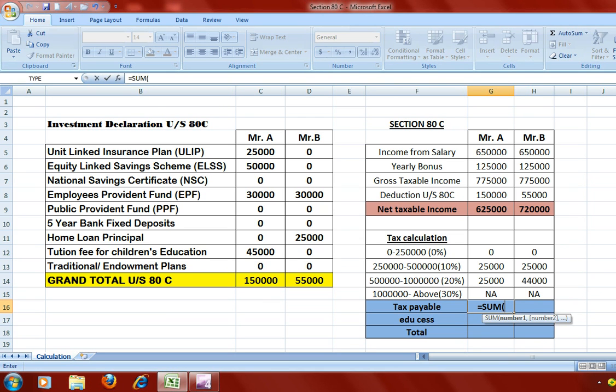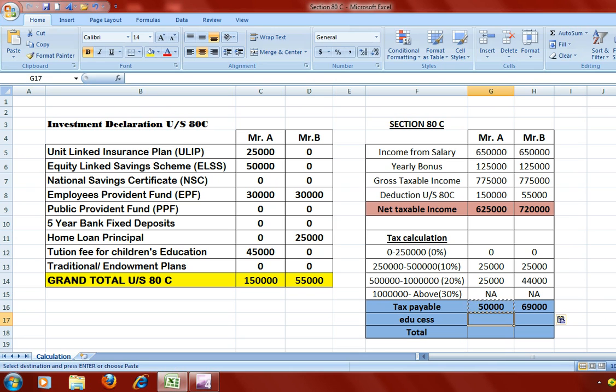Write a sum function and select the respective cells to arrive at the total tax payable. Press Ctrl C and by placing the cell you just press Ctrl V to arrive at the total tax payable by Mr. B.